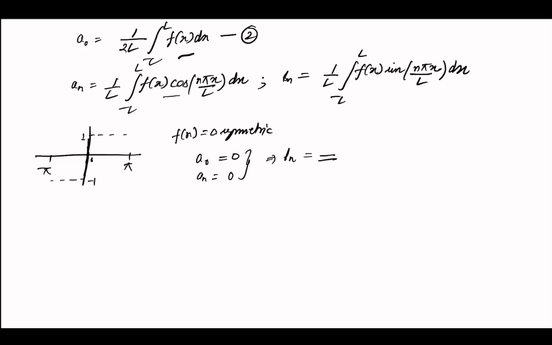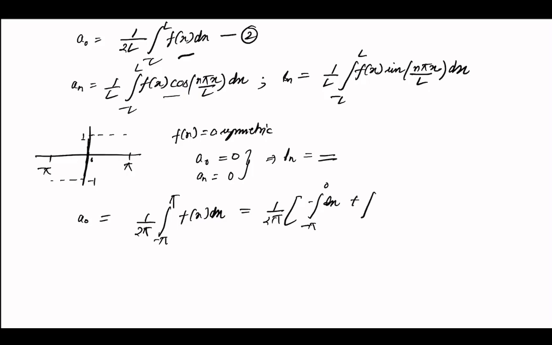We can also show this by just calculating these three coefficients in this question. A naught is nothing but 1 upon 2 pi, the half period of the function is pi, integral from minus pi to pi of f(x) dx. Just decompose it into two: from minus pi to 0, it is minus dx, and from 0 to pi it is plus 1, so dx.